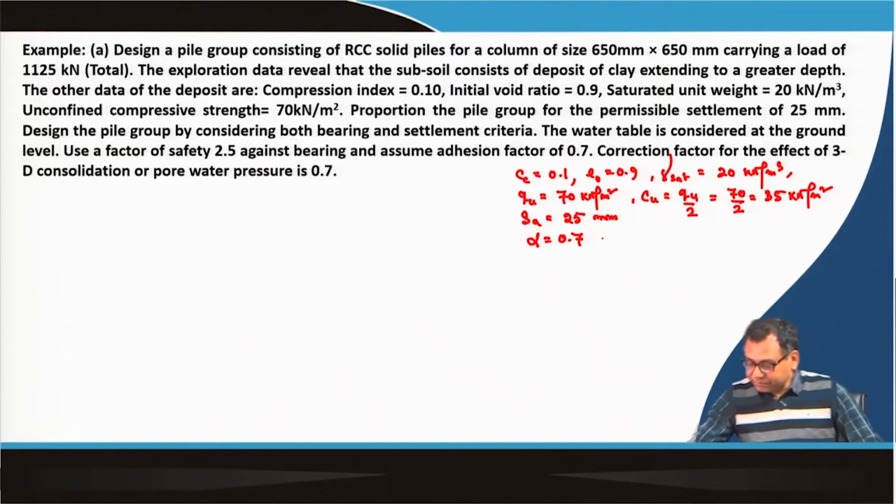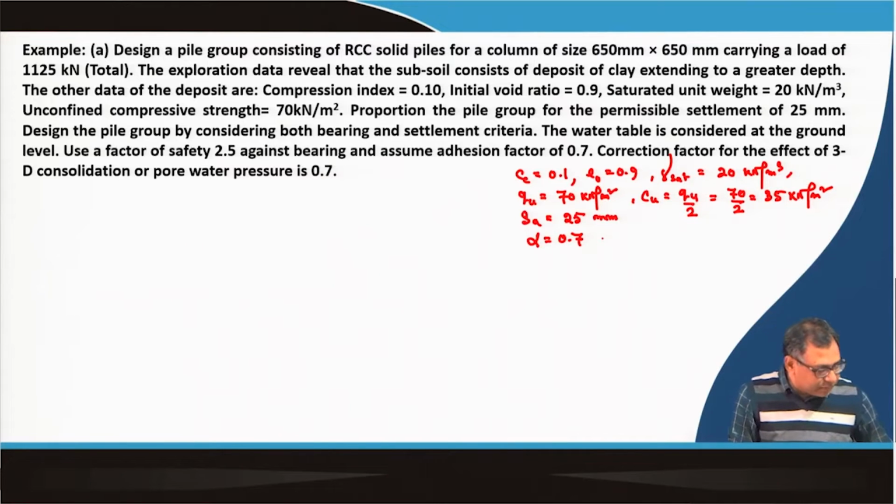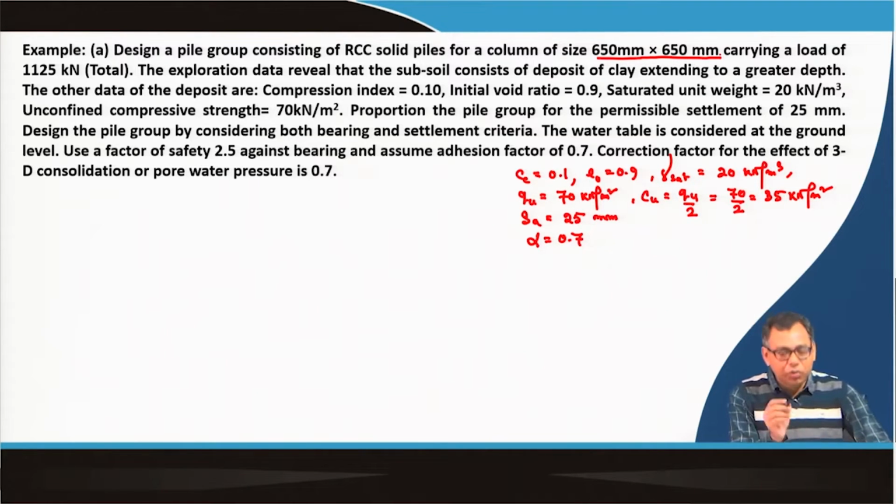That means pore water pressure correction is given. Now we have to design the pile group. This is not the pile size, this is the size of the column. For this particular column we are designing the pile group. The load coming is 1125 kilonewton, the total load.